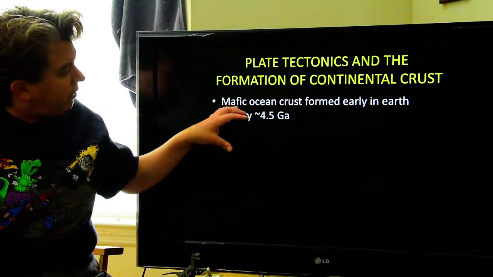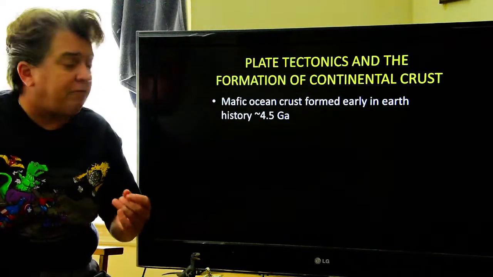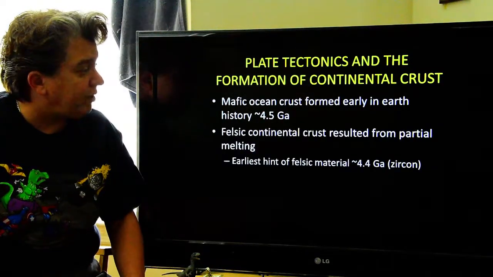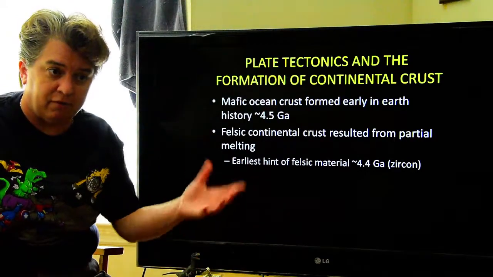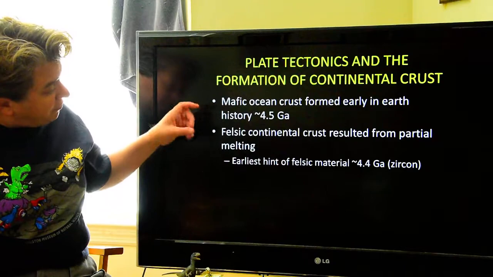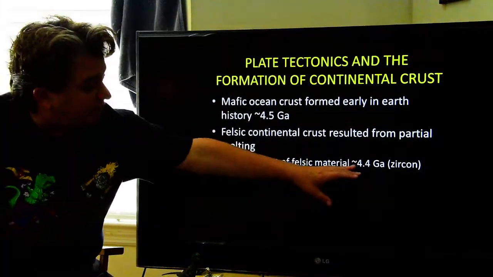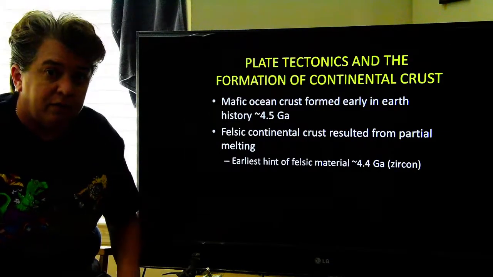So early on, we only had this mafic ocean crust that formed by about 4.5 billion years ago. So just imagine this nice basaltic ocean crust. We have, as I already said, felsic continental crust from partial melting, starting from those zircons. We know it existed.